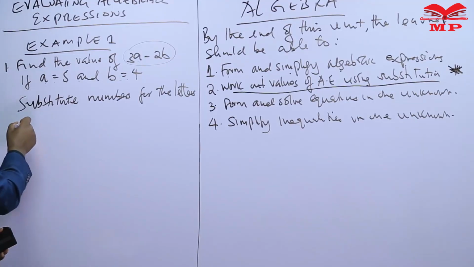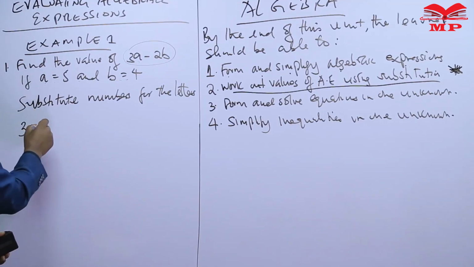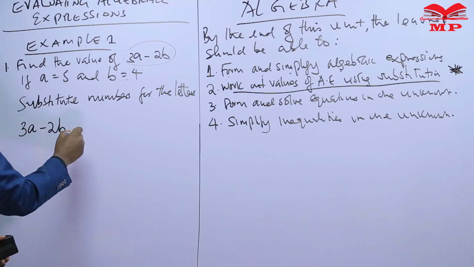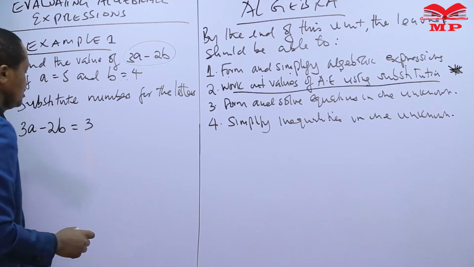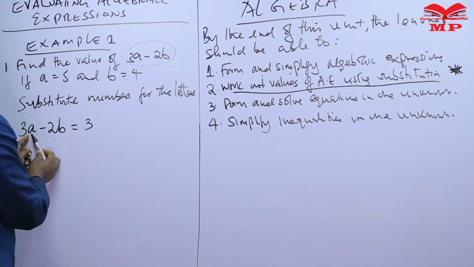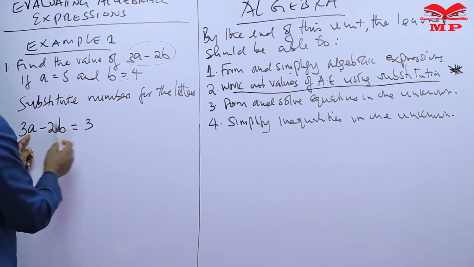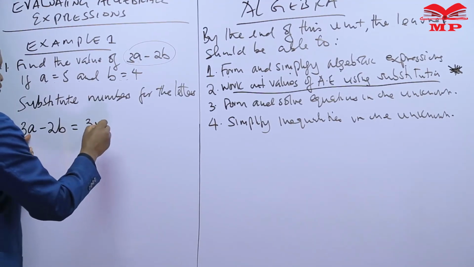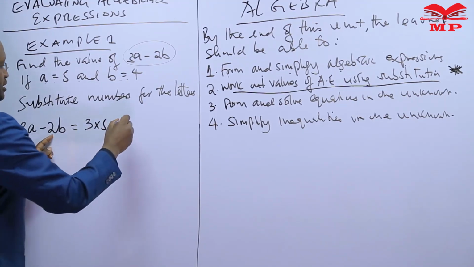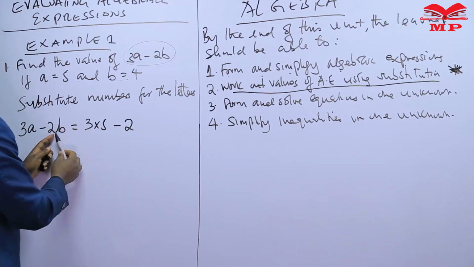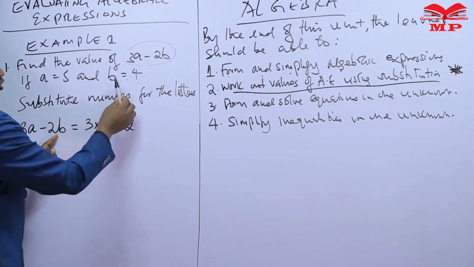So that 3a minus 2b will be equal to 3. These 3, we've been told that a is equal to 5. So we multiply these 3 by 5. Then we minus 2. We know that b is equal to 4.